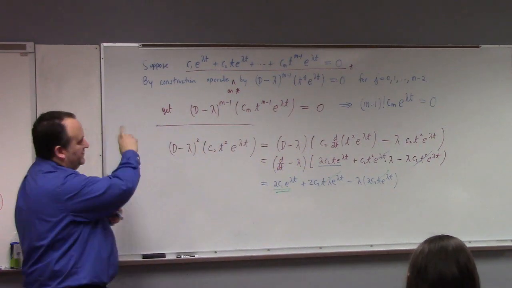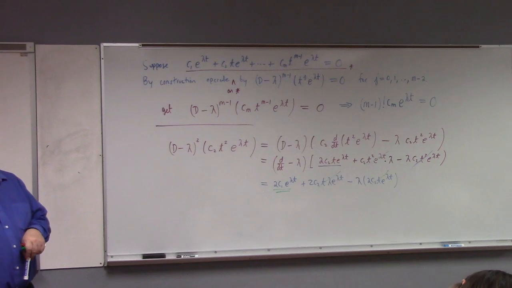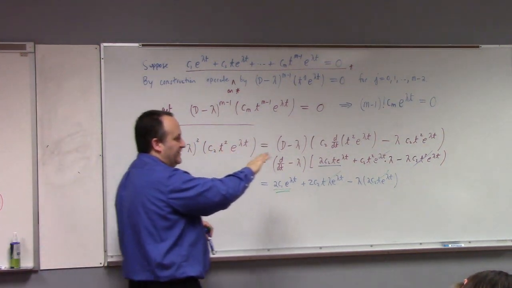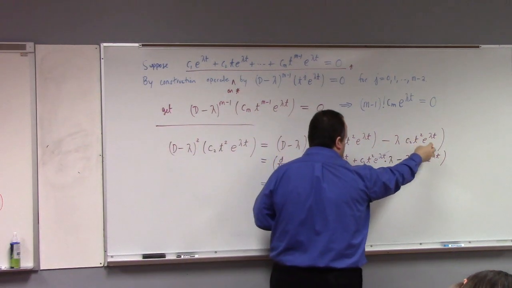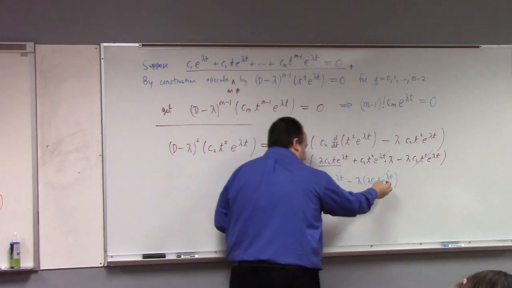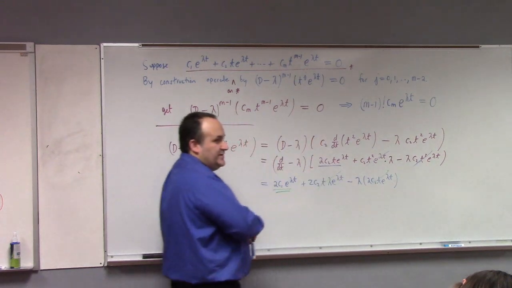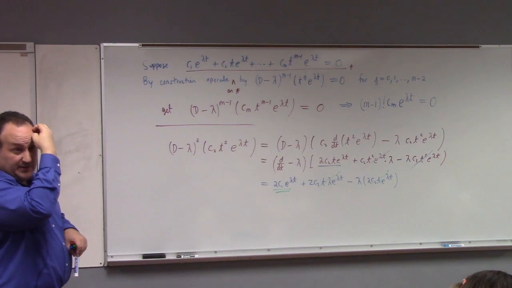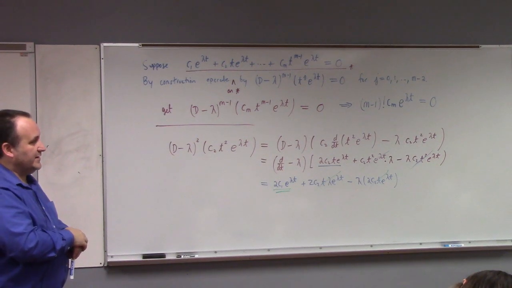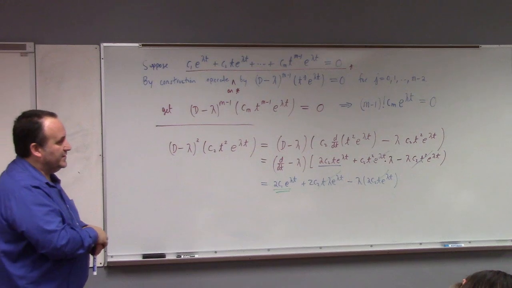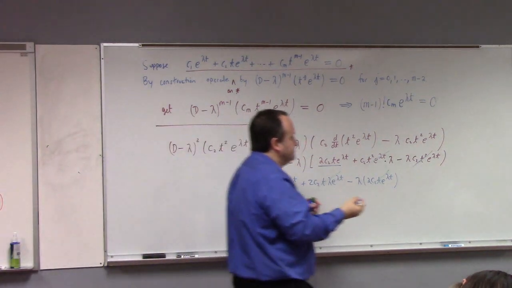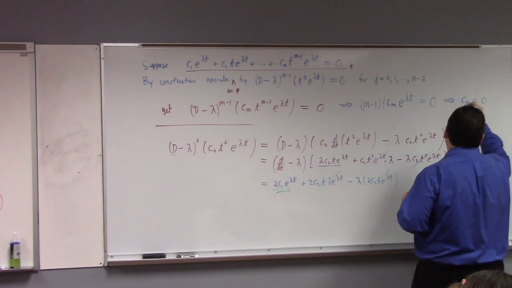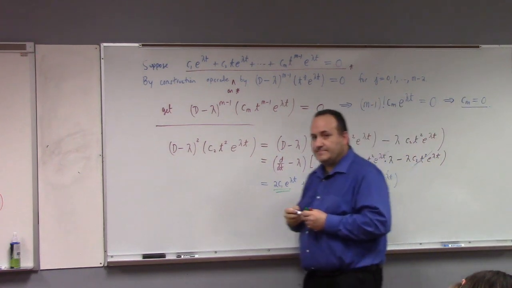Because when you do m minus 1 differentiations, all the higher order stuff cancels out like we just saw here. Like the t squared with the t squared, and then the next differentiation drops the t with the t. So that same pattern happens, and you end up with m minus 1 factorial times cm. But what's this tell us about cm? It tells us that cm is equal to 0, right?